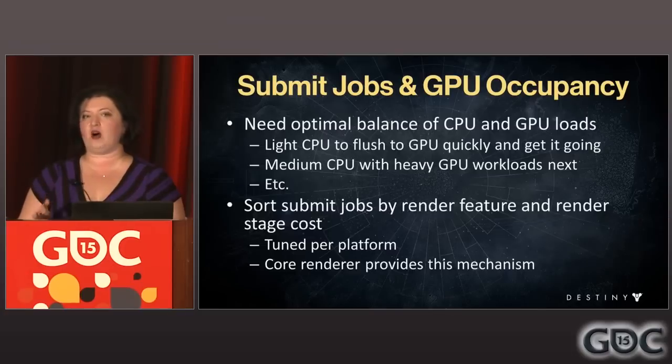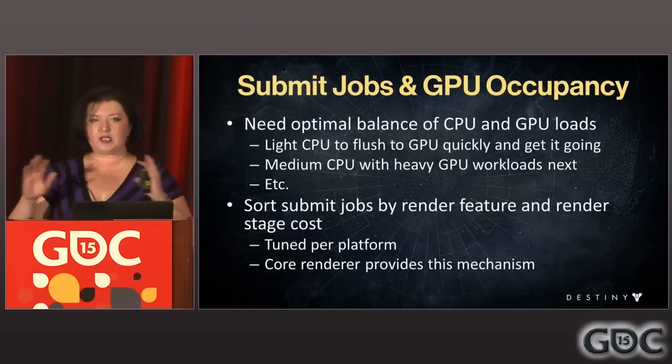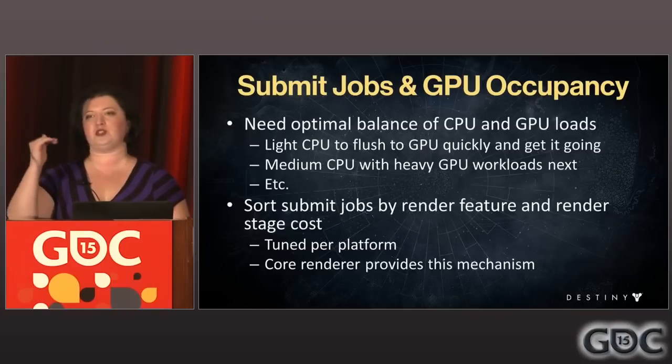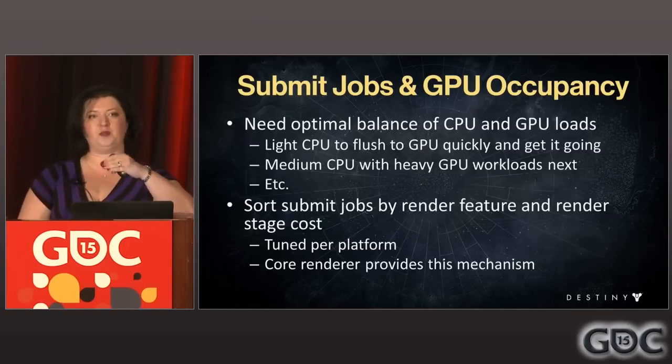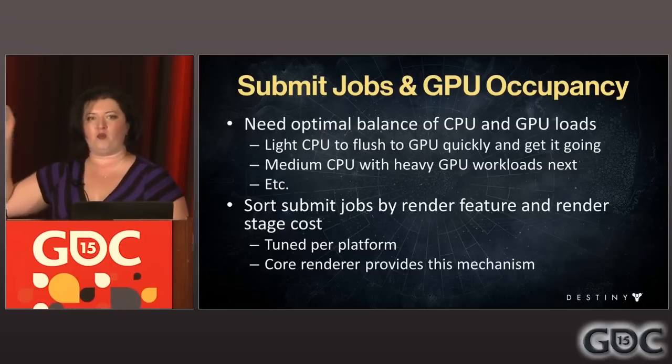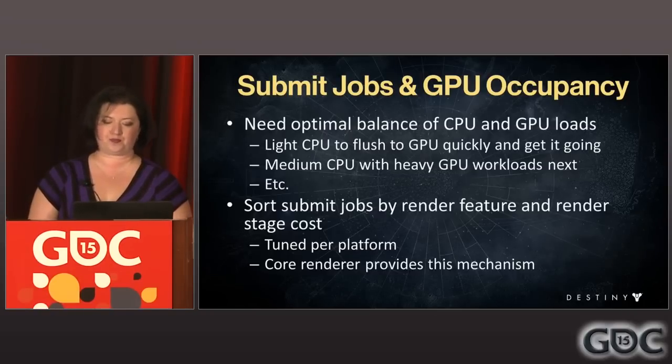And so you can basically automatically fine-tune the dynamic load balancing both for GPU and CPU occupancy for each platform, because that cost metric can be switched on every platform, per feature, per stage. It creates a little array of little descriptors, essentially heavy CPU, light CPU, medium CPU, light CPU, heavy GPU, light GPU, et cetera, coarse-grained. But it really allows you to fine-tune to create that wall of GPU workloads.